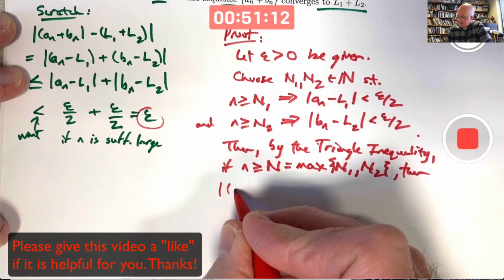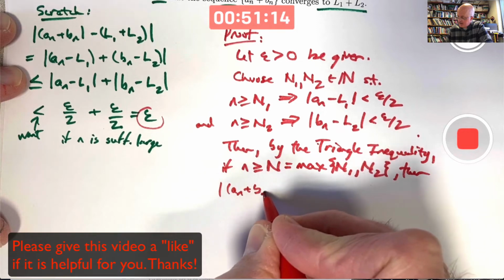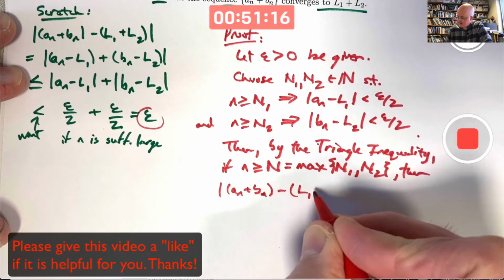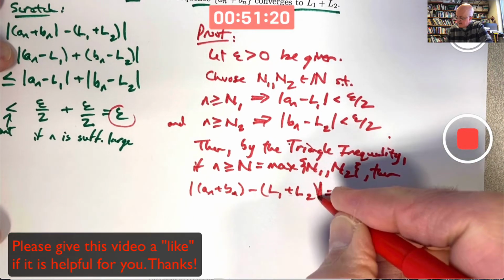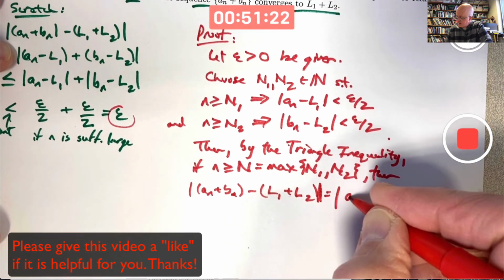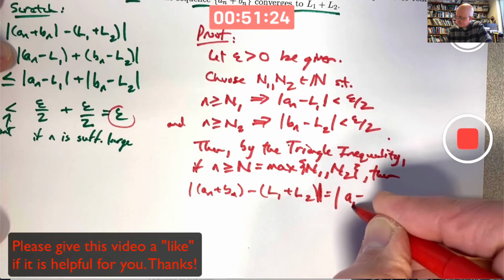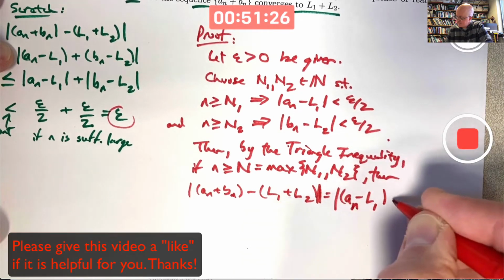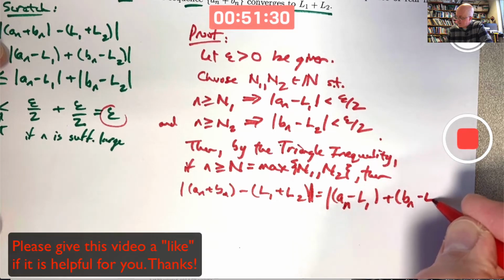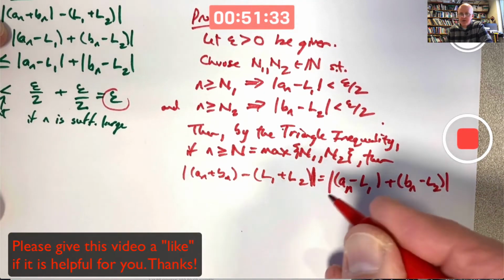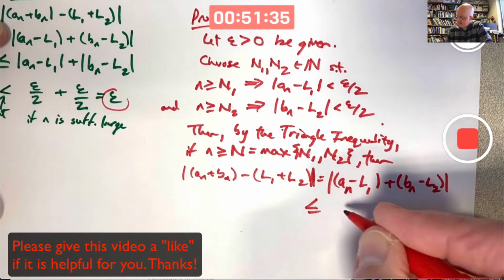The distance between An plus Bn and L1 plus L2. The first equality here is just algebra, rearranging. You could say the commutative property and the associative property if you want to be a little bit more picky about it. The triangle inequality is right there.